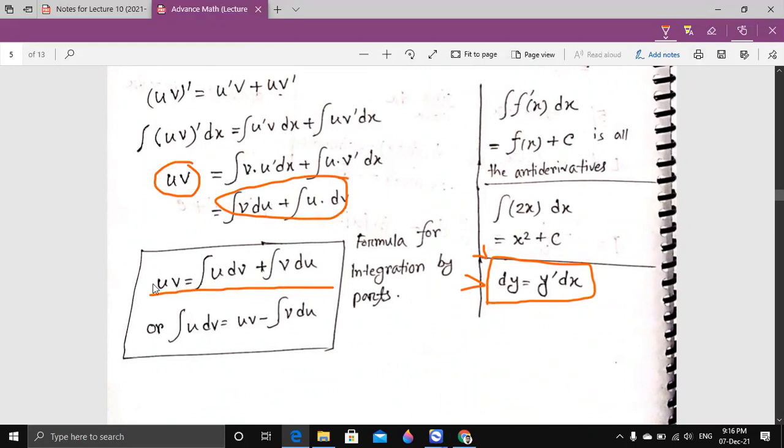If we rearrange this part, we get the integral of u dv is equal to uv minus the integral of v du. Just take this part to the left side. So this is the formula for integration by parts.